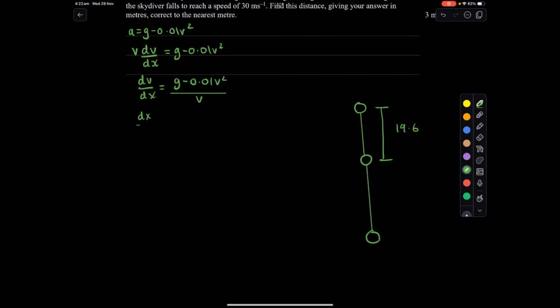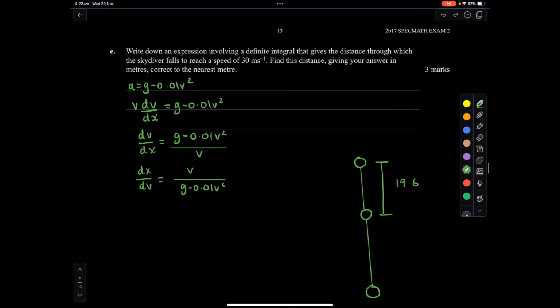Hence, if we reciprocate it, dx/dv is v over g minus 0.01 v squared. Now if we integrate this, we get the distance. So x, the distance, will be the integral of v over g minus 0.01 v squared dv.